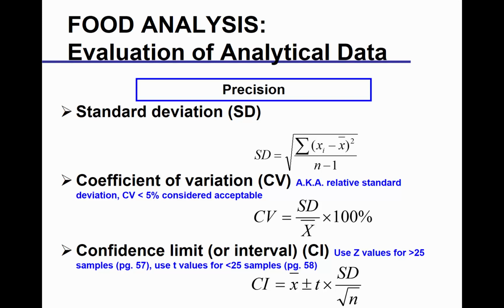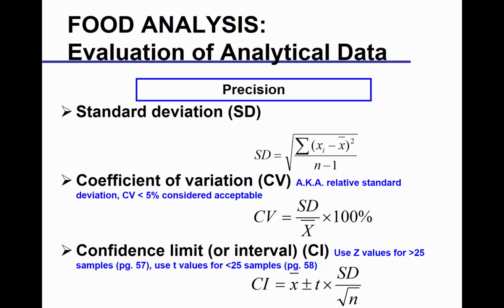The t-values will be on page 49 in your chapter 4, and this is how you would read that table. I'm sure you've seen this in a statistics course or in the sensory course if you've done that already. You search for the degrees of freedom, which is n minus 1, or number of replications minus 1.